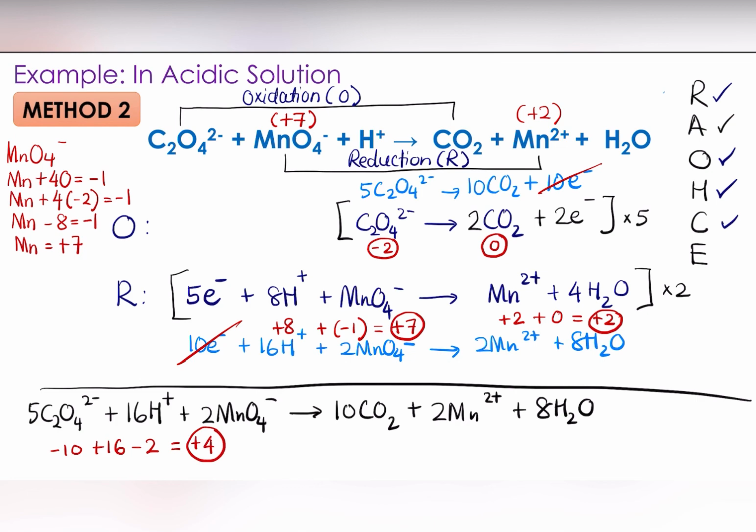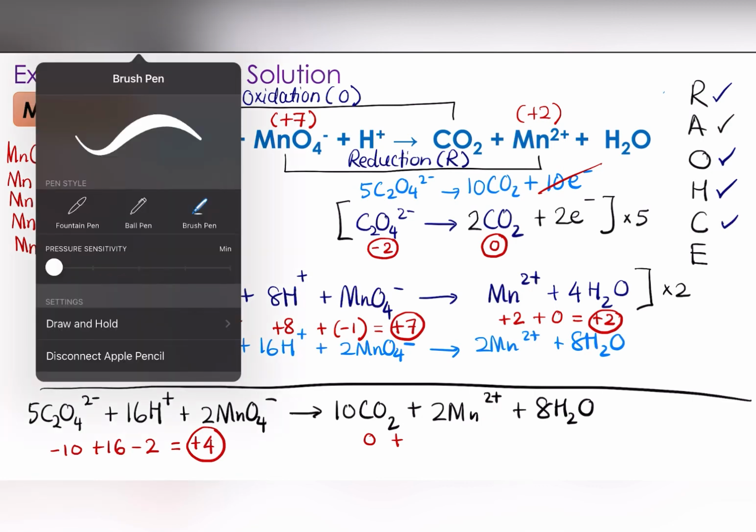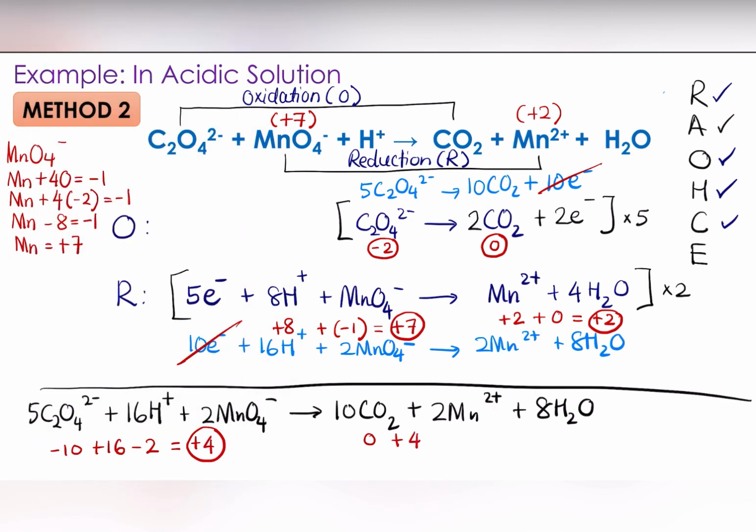And then we check the product side. So I got 10CO2, a neutral compound, it means the charge is 0. And then I have 2Mn2 plus, it means 2 times positive 2, I will have positive 4.